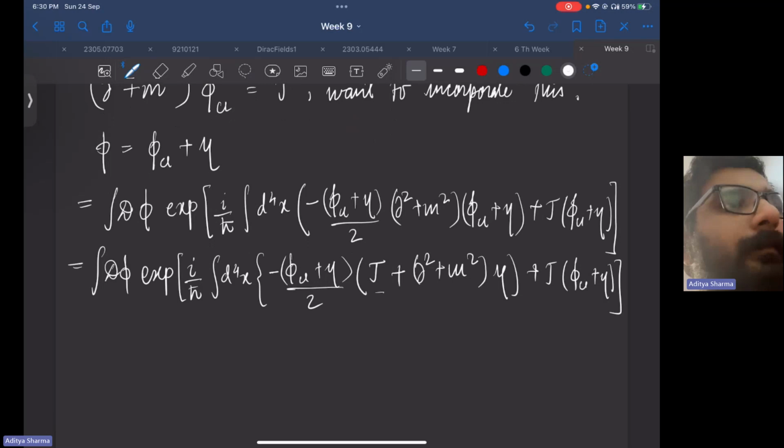So this term along with this term will give me this. Now here is where I change phi to eta. I should have done it in this step only, but I'm doing it here.